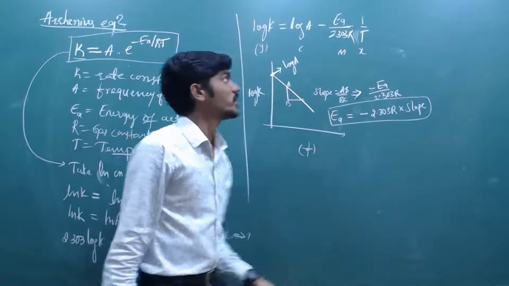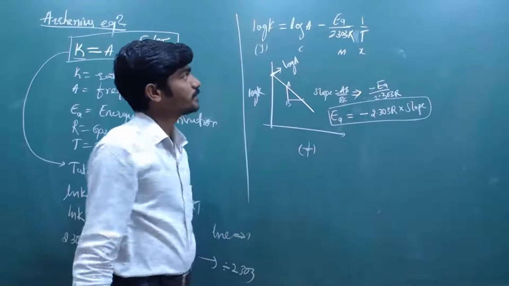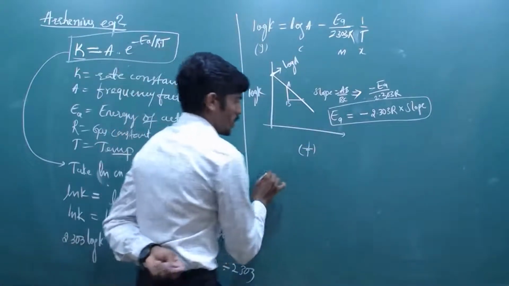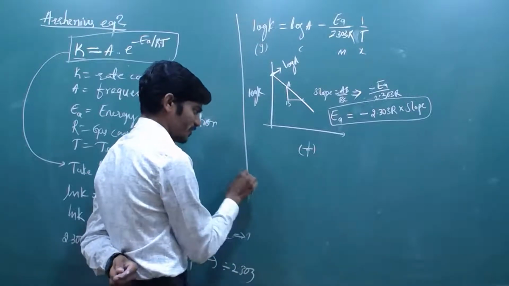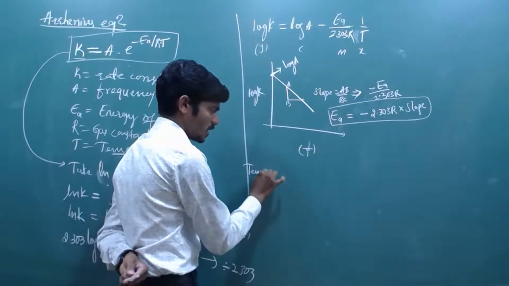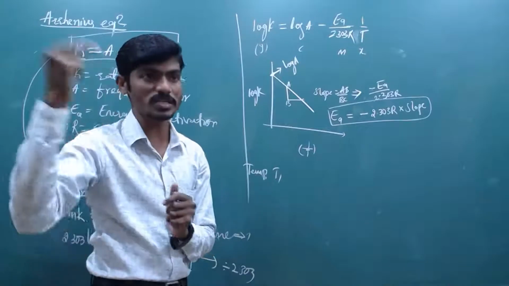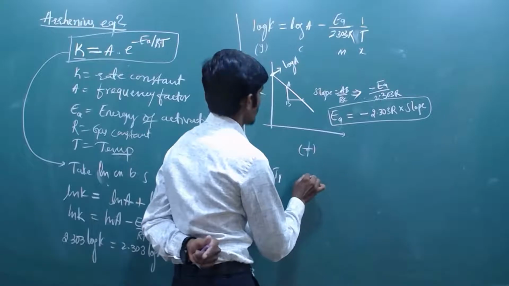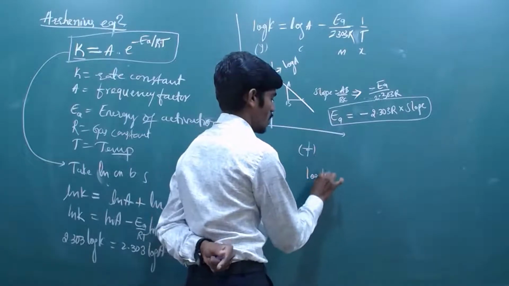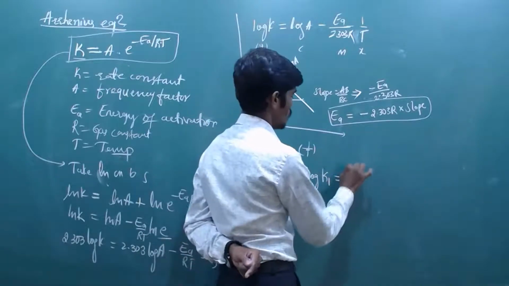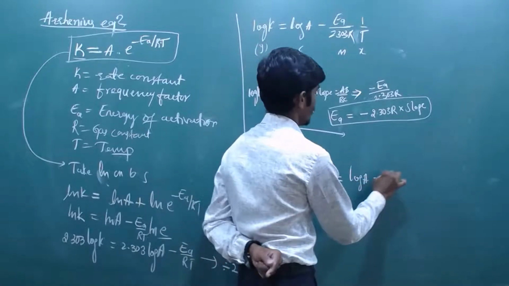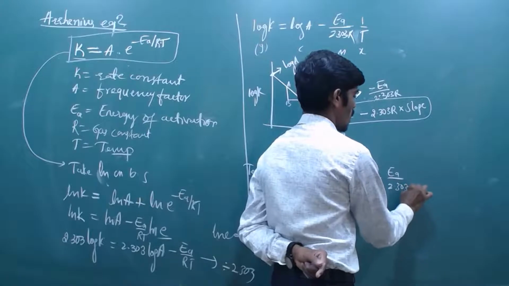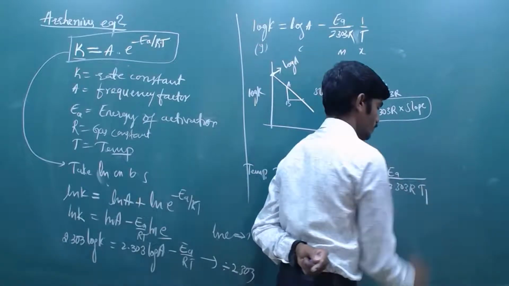Alternatively, this is the expression at a particular temperature T1. Now, if two different temperatures are considered, the rate of reaction changes, that is, increases. At temperature T1, the rate constant is K1, and the expression is log K1 is equal to log A minus EA by 2.303 R T1.